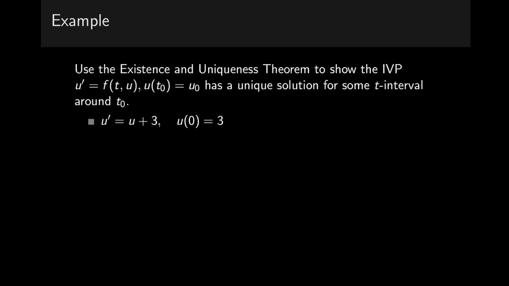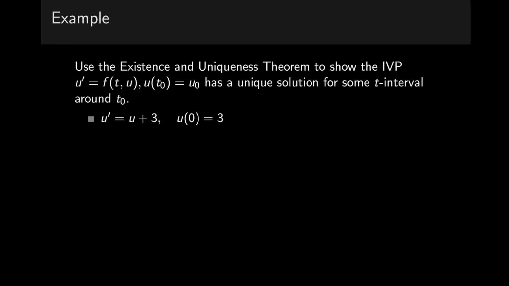But again, it's important to know. It's like limits in calculus. You see them, they do come up. They're very, very important as a concept, but it's not like we're doing limits all the time. So anyway, use the existence and uniqueness theorem to show that this has a unique solution for some t interval around t naught. All right, and we'll be looking at this guy here.